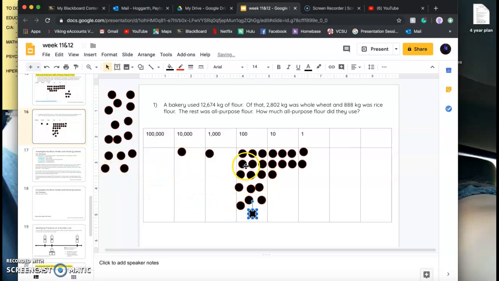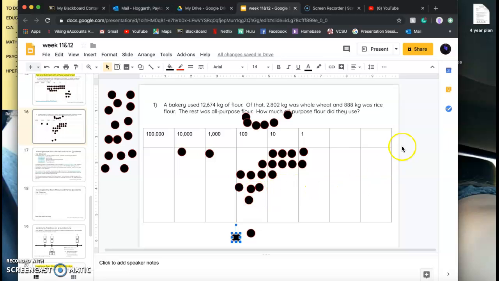So from that, I now have 16, and I'm going to take away 8. 1, 2, 3, 4, 5, 6, 7, 8. So now I have 8 left over.